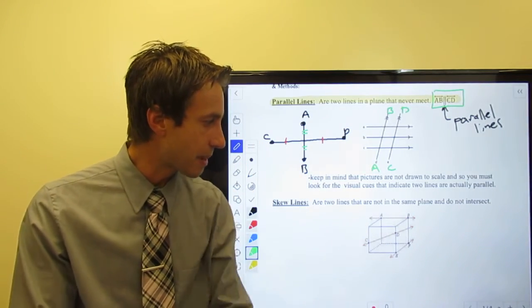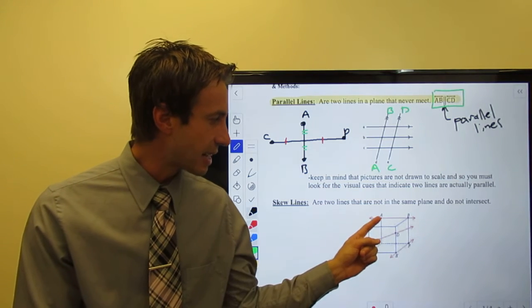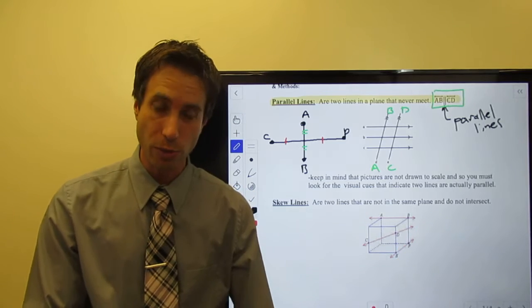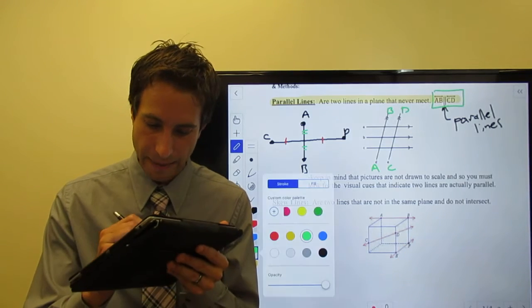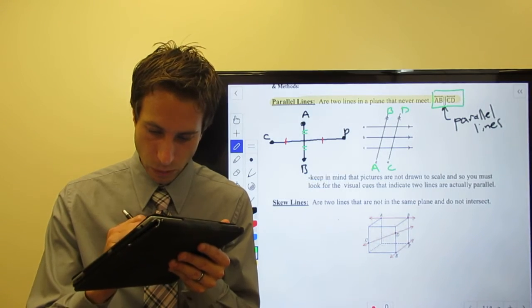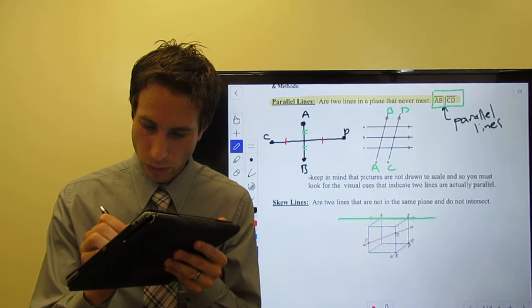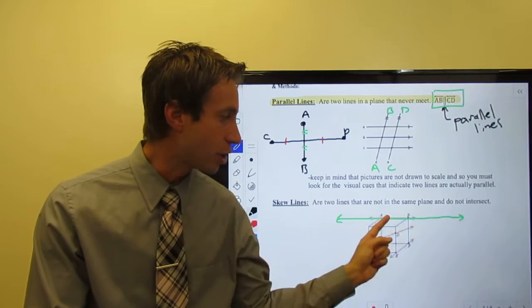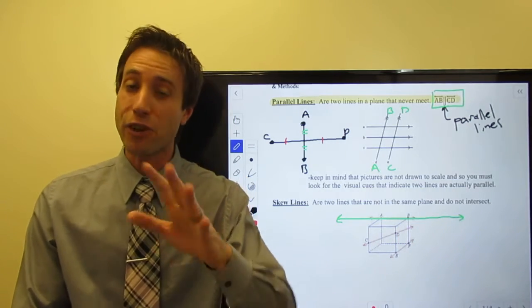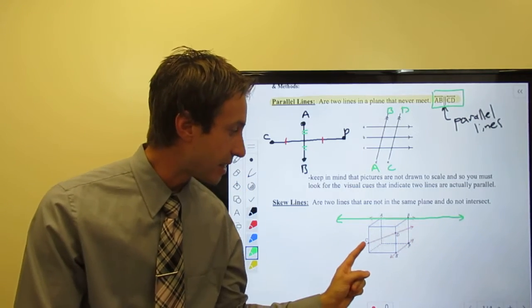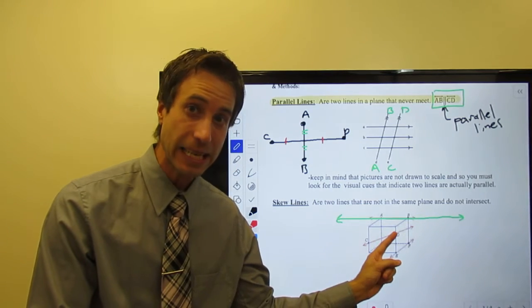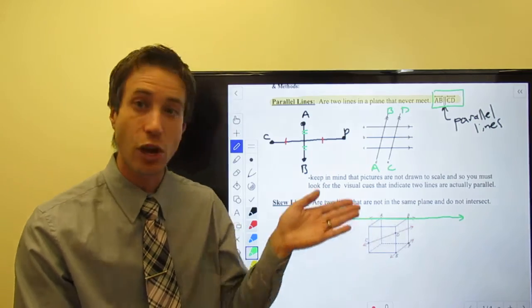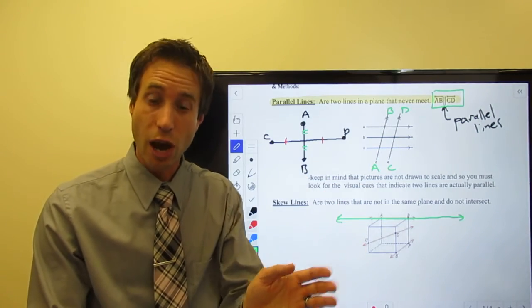If this is a three-dimensional cube, what you can see is that line AB, which is on that back edge of the cube, right? If I were to extend that guy, which is on the back edge of the cube, it would never, even though it's on a different plane than line CD, they're still never going to intersect because line CD is on the front edge of the cube, right?